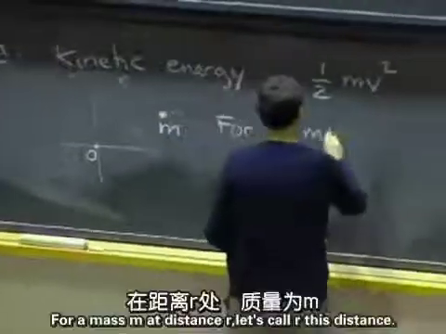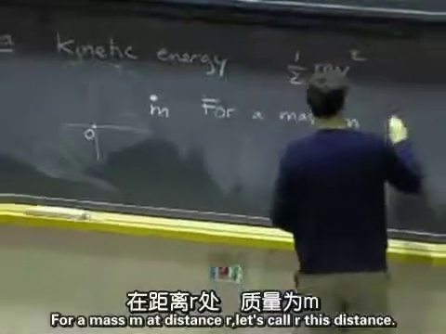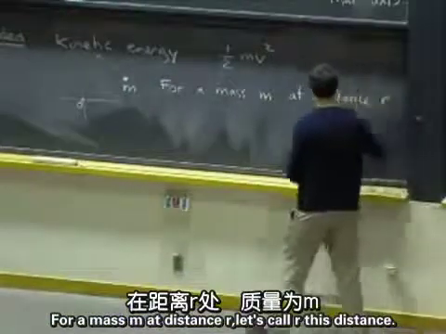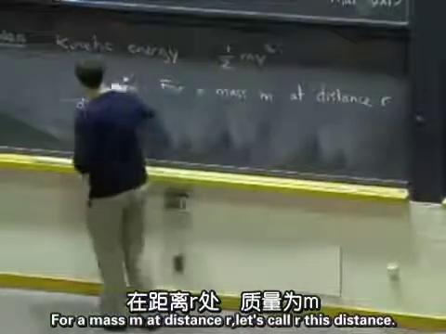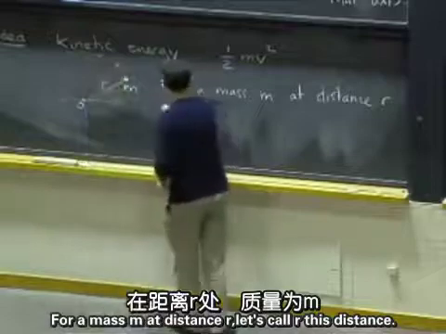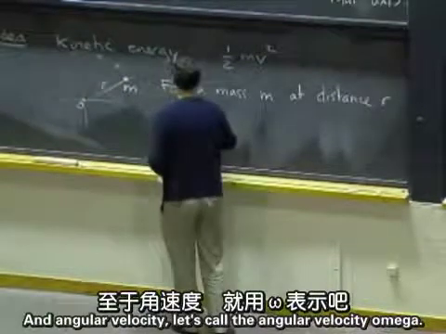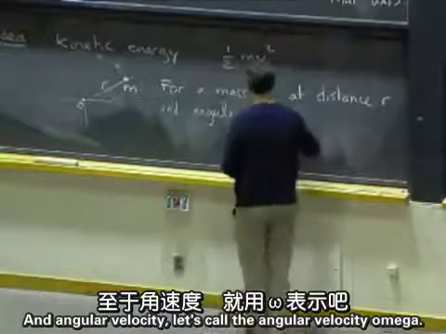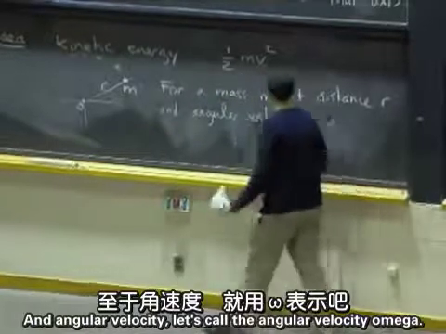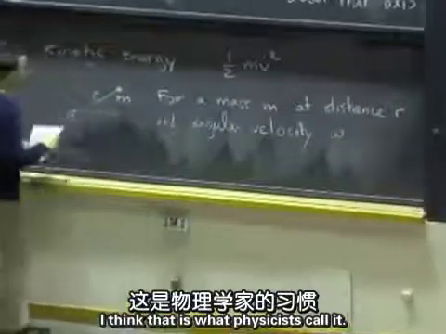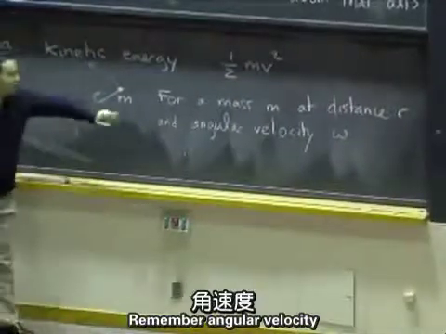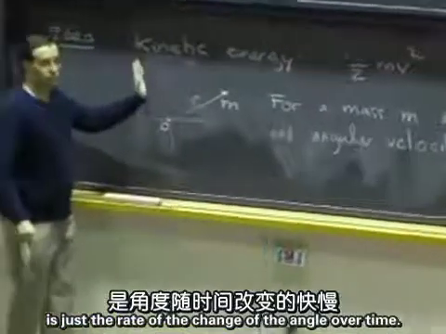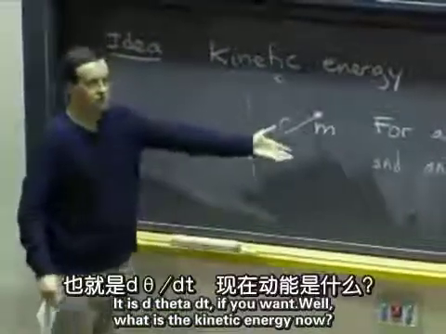So for a mass m at distance r, let's call r this distance, and angular velocity, let's call the angular velocity omega. I think that's what physicists call it. Remember, the angular velocity is just the rate of change of the angle over time. It's d theta dt if you want.